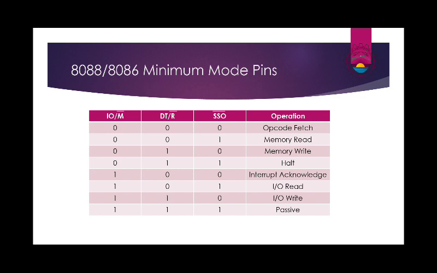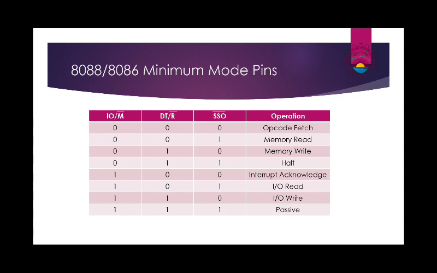And now passive state. Passive state is the state in which microprocessor will be performing some internal operations, but there will be no operation external on the buses. That means microprocessor will not be using address bus, data bus, and control signals, but microprocessor will be operating internally.